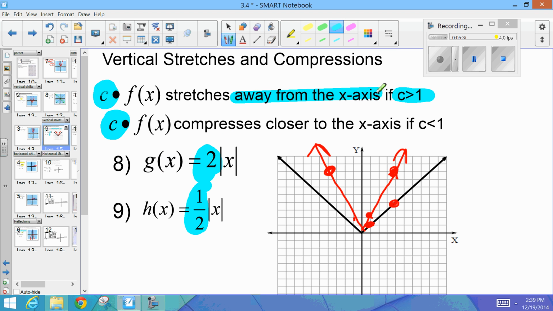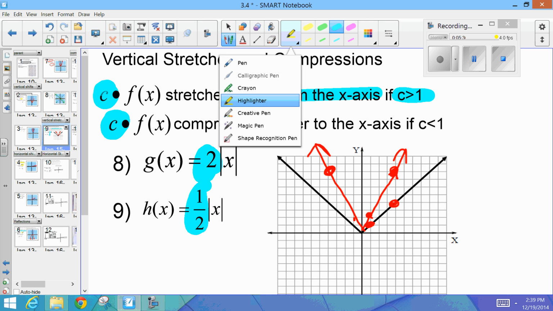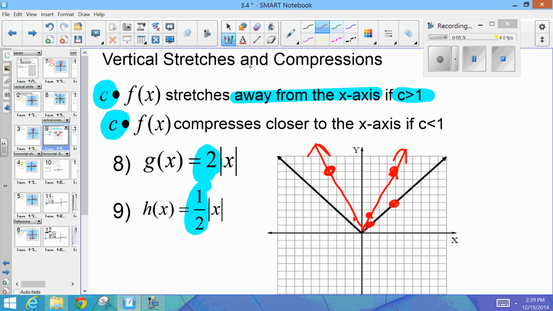A compression is what happens when you're multiplying by a number less than 1. So I'm going to do the bottom one now. So if I were to multiply, let me go to the point 2, 2, and just take half of that number, it comes down 1. Okay? If I were to take 4, 4, take half of 4, the y coordinate is 2, it's coming down 1.